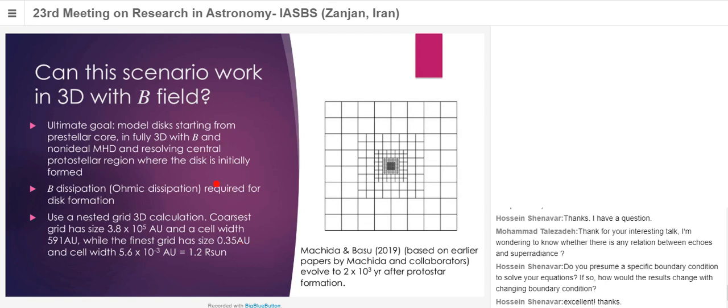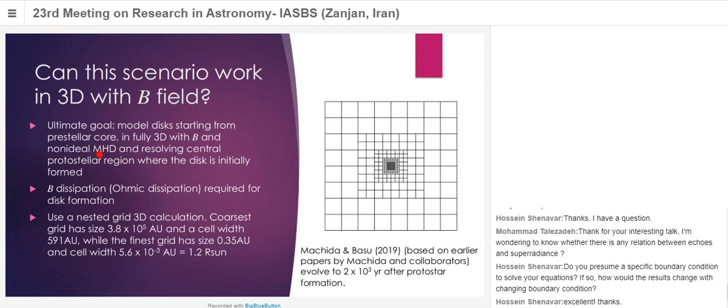So the gold standard in this field ultimately would be to do long-term evolution that was also fully three-dimensional, included the magnetic field, but you can't just include magnetic field unless you include the non-ideal magnetohydrodynamics, because flux-frozen magnetic field will lead to the so-called magnetic braking catastrophe where a disk doesn't even form, and we know that's not what nature does.